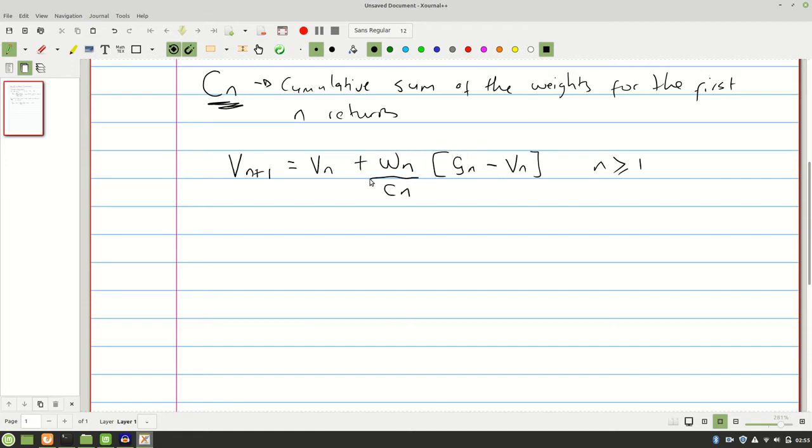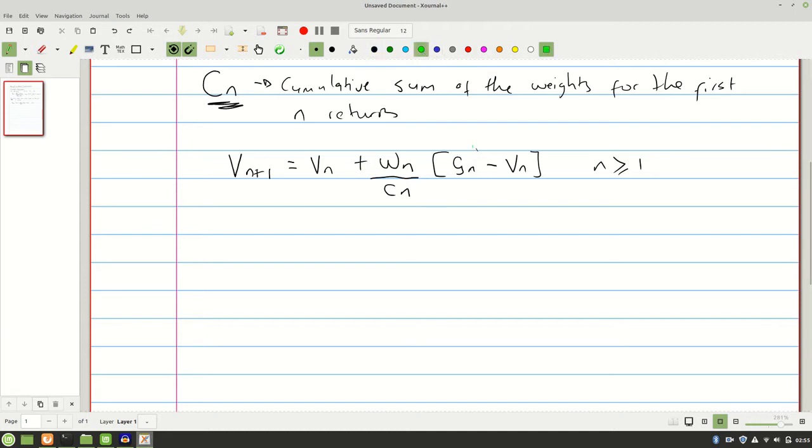When we receive a new return Gn, it will have its corresponding weight, which we call Wn. Let me use a different color.